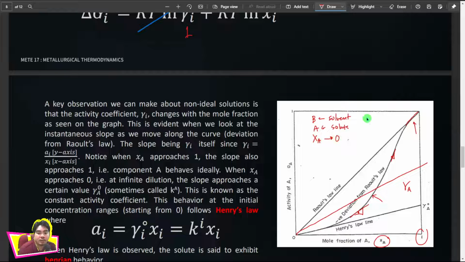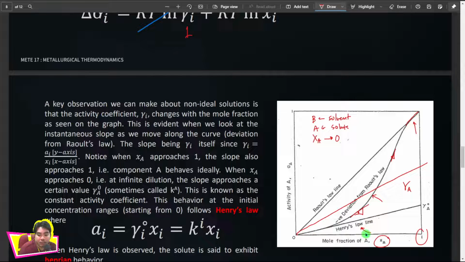So yun yung ibig sabihin ng infinite dilution, no? So at infinite dilution, hindi actually siya lumalapit sa ideal condition na behavior. Ang nangyayari is lumalapit siya sa itong isang line na to, no.